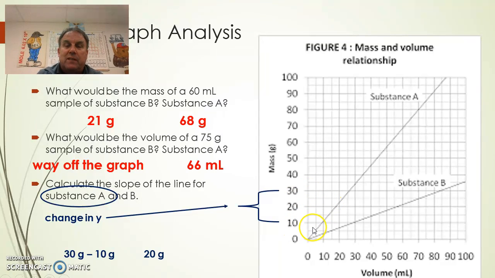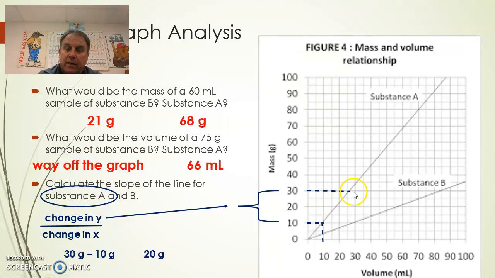So for substance A, as it changes from 10 to 30, that's a change of 20 grams. How much does the volume change for that same change in the substance? So all you have to do is what we did before. Trace the line over and trace the line down for each of the data points. So for 10, we can see it's not quite to 10.